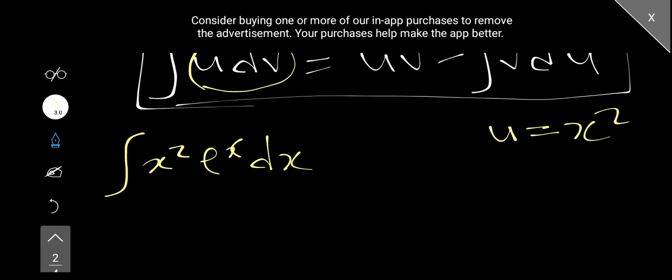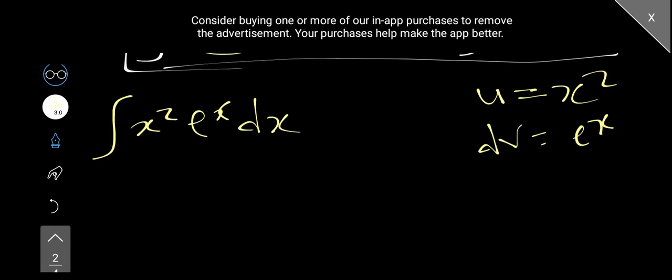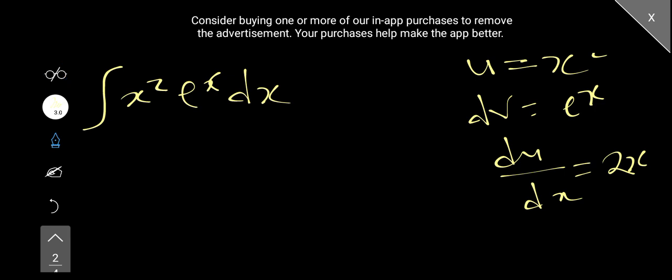And e to the power x can easily be integrated, so dv is e to the power x. So from this we have du dx is equal to 2x, and the integral of e to the power x, which is v, is equal to e to the power x.